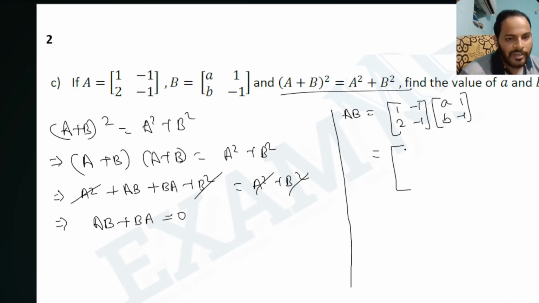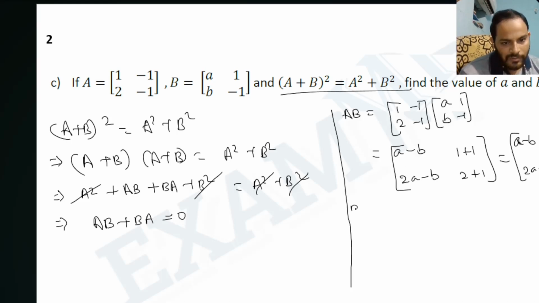Okay, so 1 into A is A and minus 1 into B is minus B. Again 1 into 1 is 1 and minus 1 into minus 1 is 1. 2 into A is 2A, minus 1 into B is minus B, 2 plus 1. So this is AB: [A minus B, 2; 2A minus B, 3].